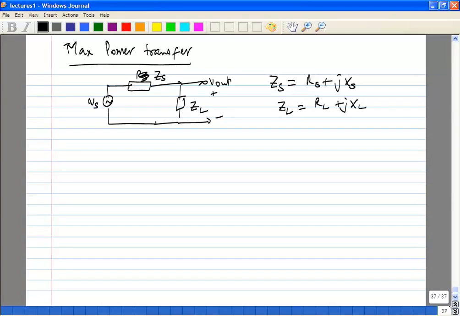What is the condition for maximum power transfer? Yeah, ZS equals ZL conjugate, right? So obviously what this means is RS equals RL and XS equals minus XL, right? You remember this?